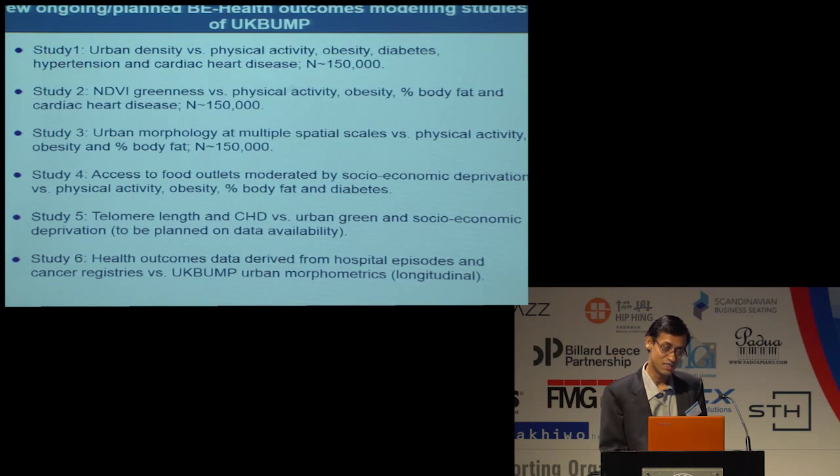And in the domain of gene-environment study, we plan to conduct a study on the association between telomere attrition or telomere length and CHD versus the exposure to urban green and socioeconomic deprivation.